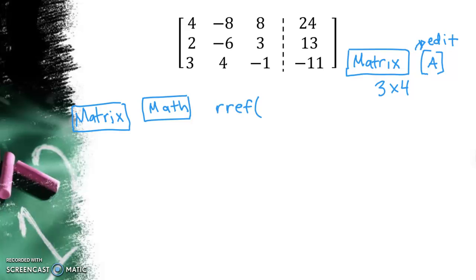Now we need some way to put matrix A in there. So we're going to go back to the matrix menu and push the matrix button, stay on the names tab, and then scroll down to whatever you named your matrix A as, and hit enter.